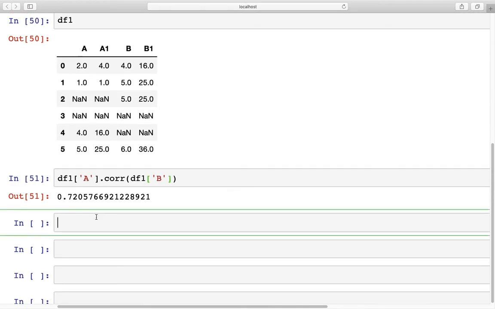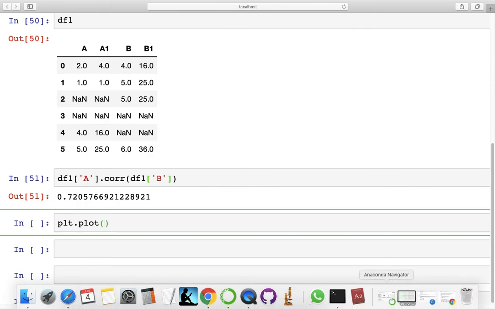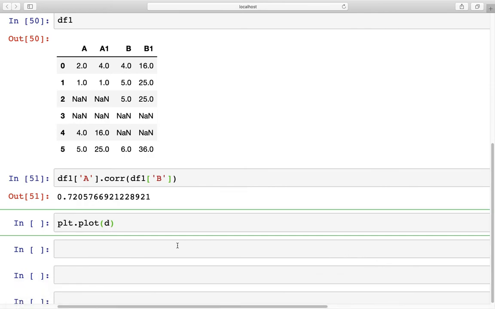And here, if we just want to take a look, we can say plt.scatter with df1.a and df1.b. This is another notation where you don't have to create the square brackets and write the column names. You can simply say .a, and it understands that it's the column in that data frame.